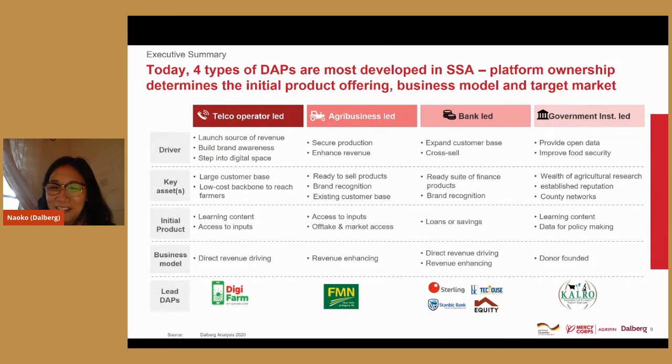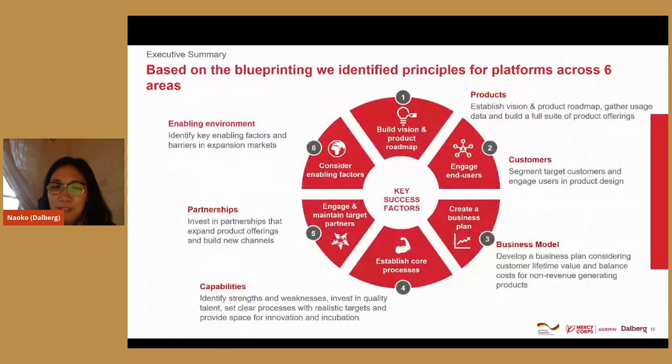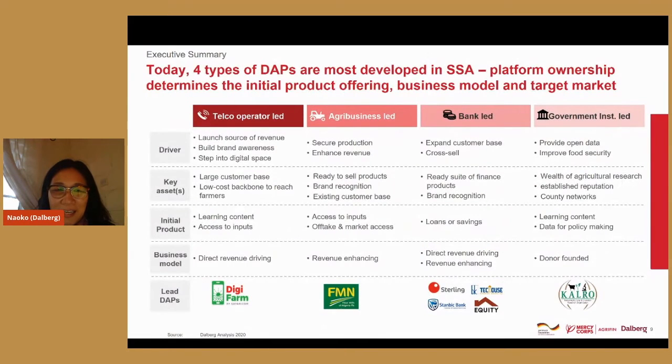And as we look through these drivers and assets, there are some commonalities across the platforms and some distinctive features. There is more that you can see in the report that we'll be publishing soon, but a couple of snapshots here. One is the core business of the platform. If it's bank-led, it's banking or financial services. The core business of the platform and their motivation, why they enter to serve the smallholder farmers, kind of determines what product they start with.